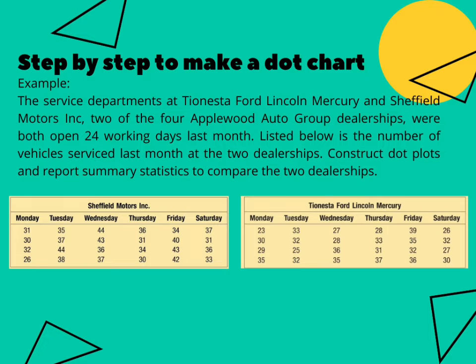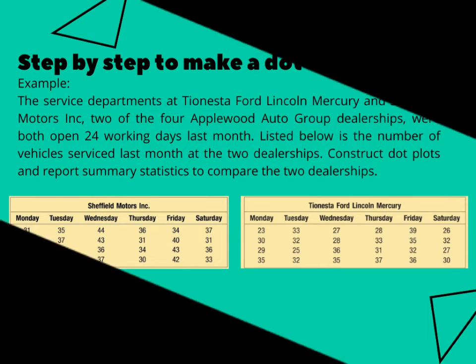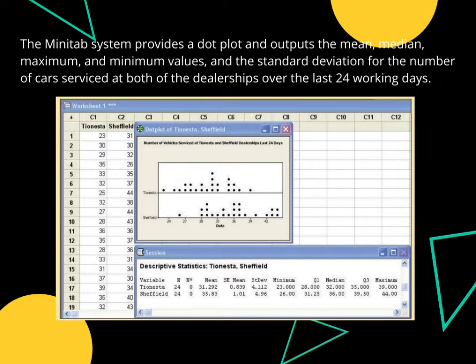Construct dot plots and report summary statistics to compare the 2 dealerships. The Minitab system provides a dot plot and outputs the mean, median, maximum, and minimum values, and the standard deviation for the number of cars serviced at both of the dealerships over the last 24 working days.